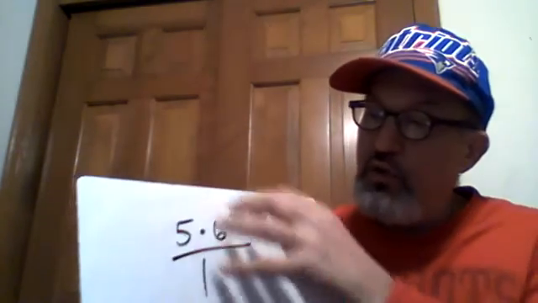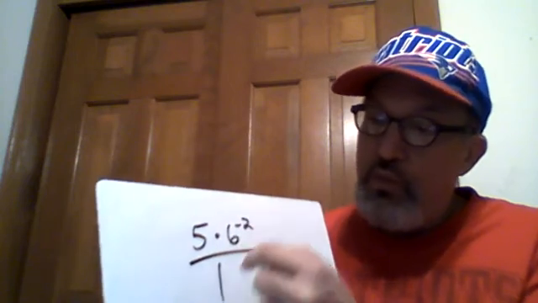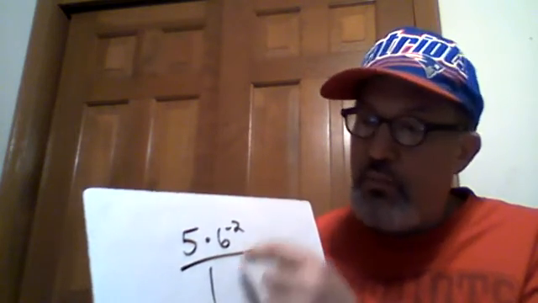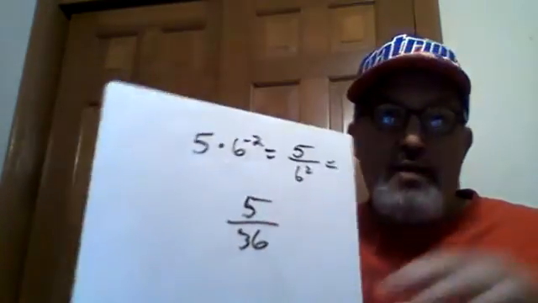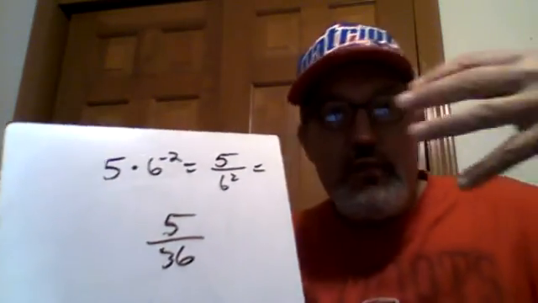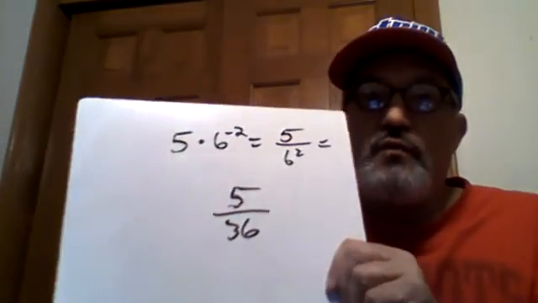But to evaluate this, you can take the 6 to the -2, move it down into the denominator, but then make this exponent positive. So this becomes 5 over 6 to the 2, or 5 over 36. Change position between numerator and denominator, and then change the sign of the exponent from negative to positive.